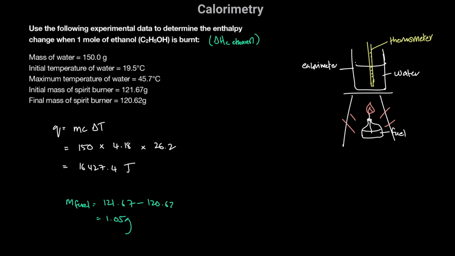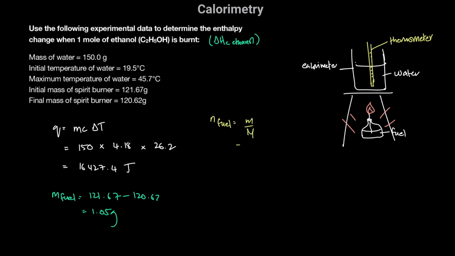Again, we want to find the enthalpy change for 1 mole of ethanol being combusted, so we're going to convert this to moles. The mass of fuel is 1.05 grams, so the number of moles of fuel is equal to the mass over the molar mass.